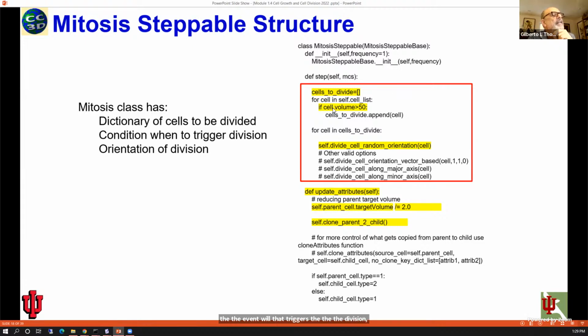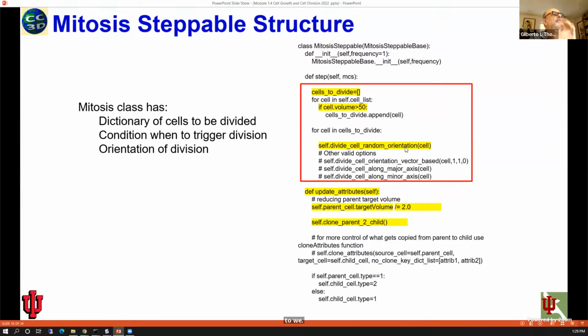You make a list of the cells which obey this rule to divide. We put this cell in that list, and we choose the orientation of the division.